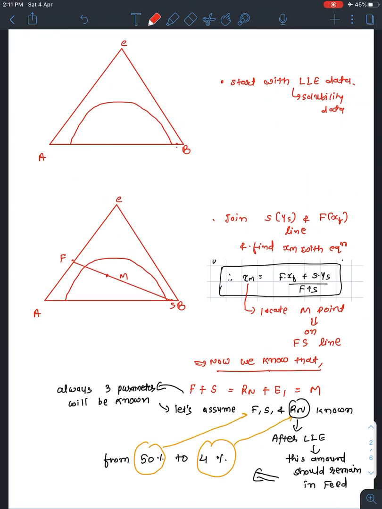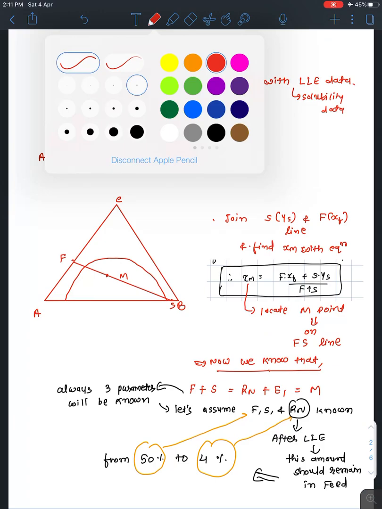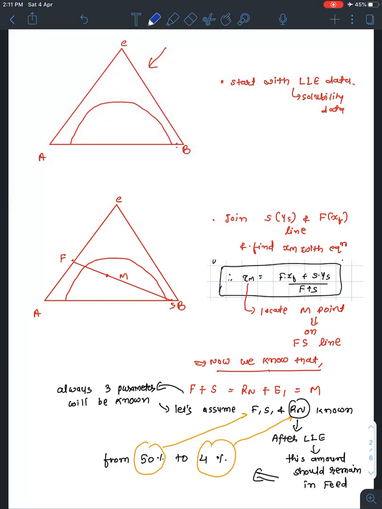So now we will follow the method of how we should start in this equilateral triangle. This is one triangle, and this is the binodal curve, which we got from the LLE data and solubility data that we have been given, or which we can find from any of the sources.